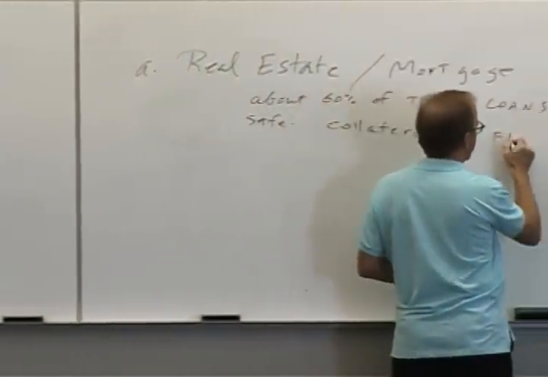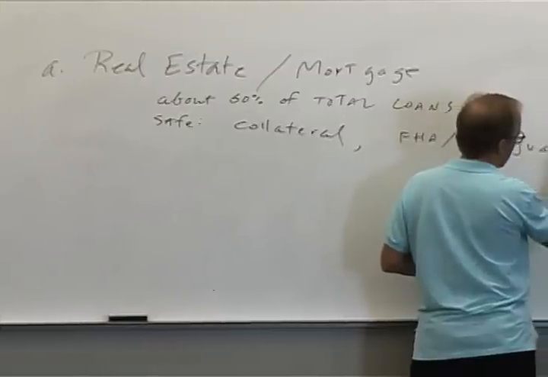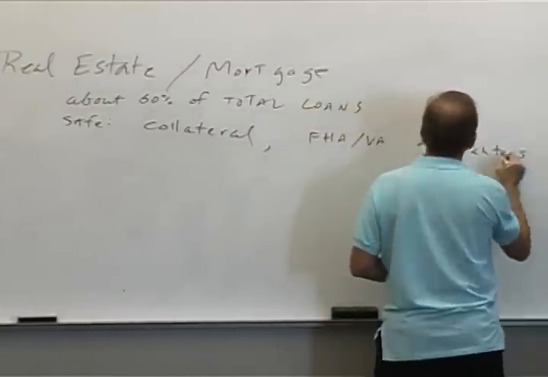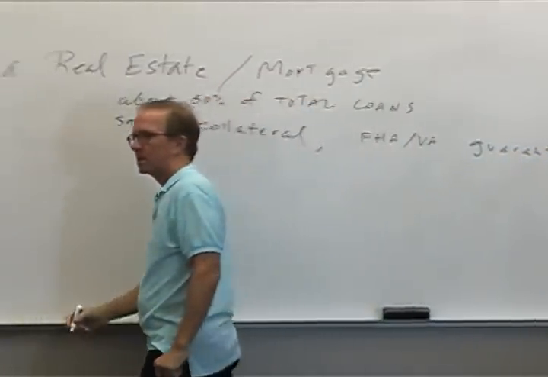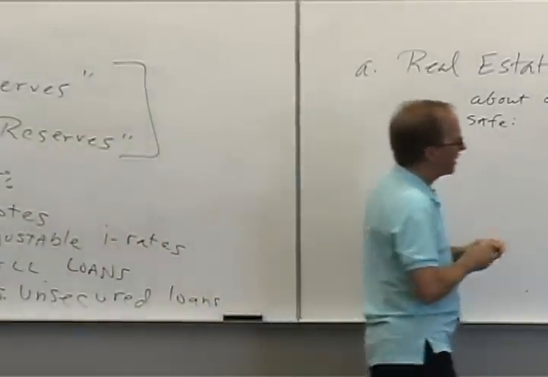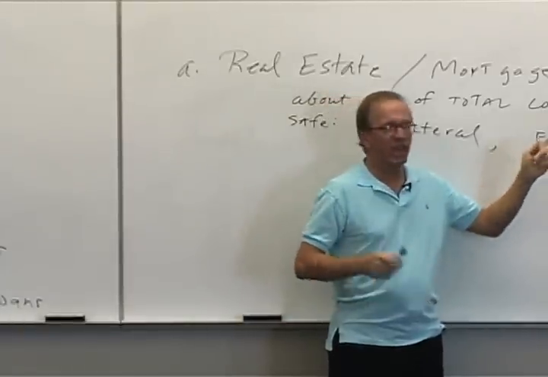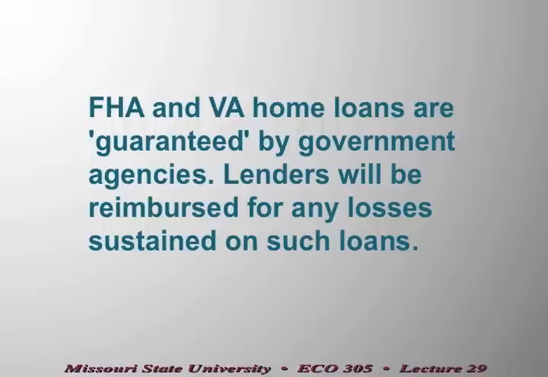And FHA, VA guarantees. FHA, Federal Housing Administration, VA, Veterans Administration. These are government guarantees for basically lower income people and for veterans.